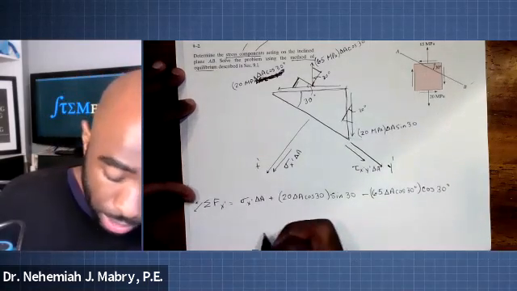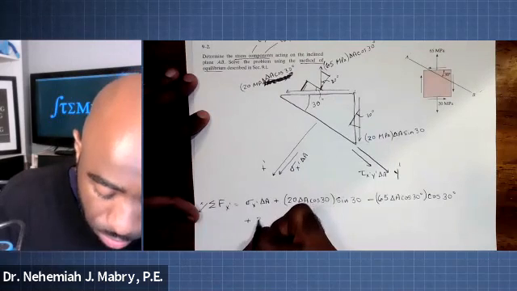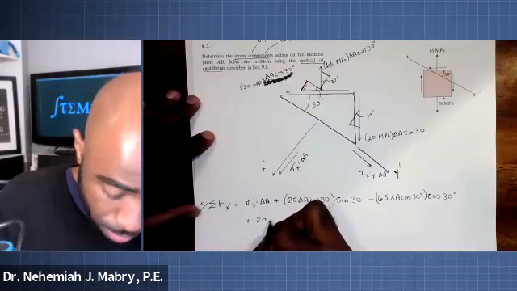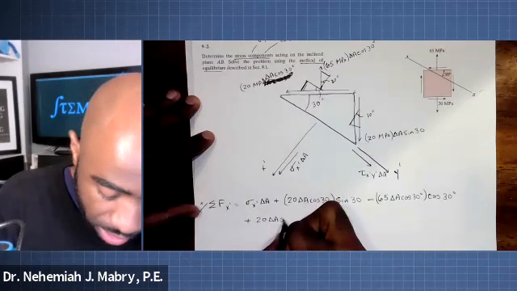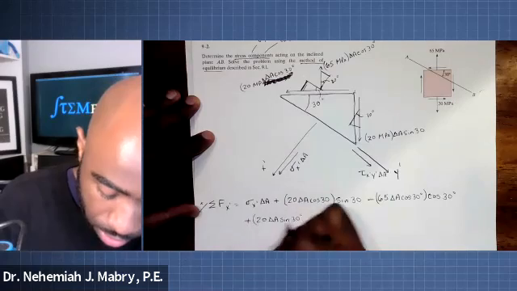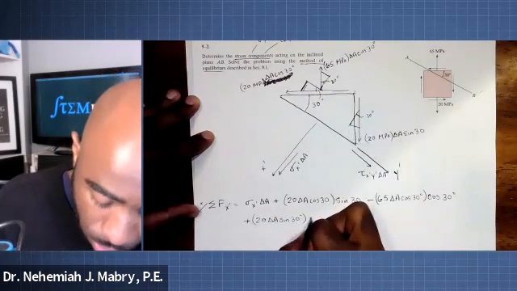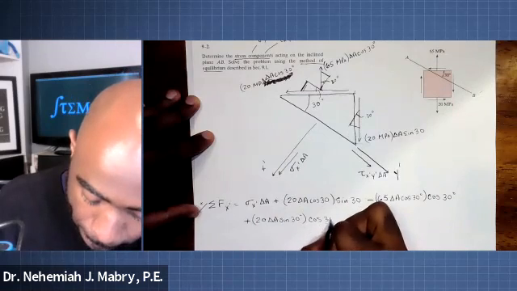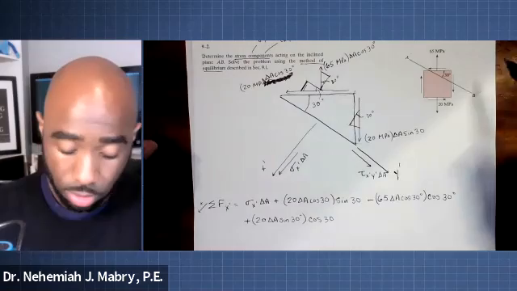So this is going to be plus 20 delta A sine of 30. Now I'll make it the x prime component. So times the cosine of 30. Are there any other values?